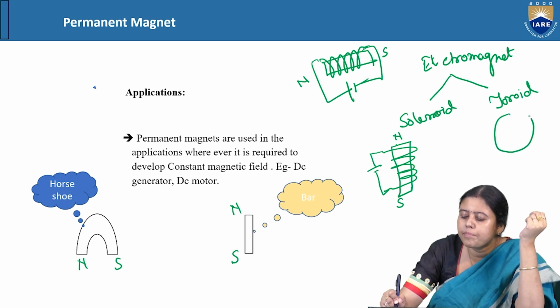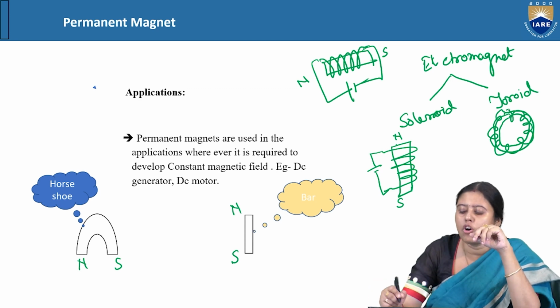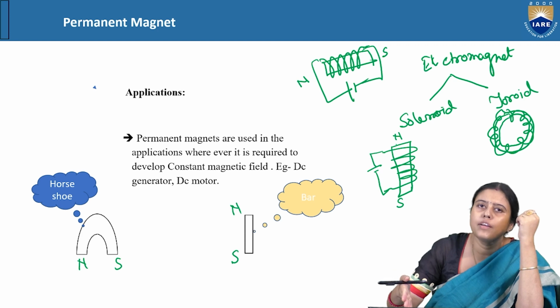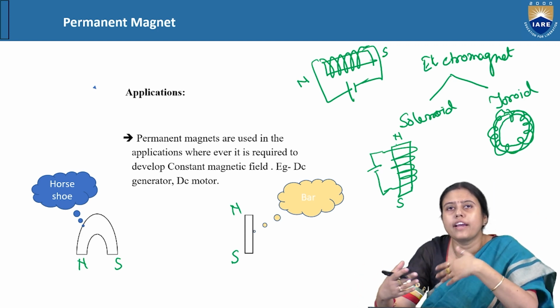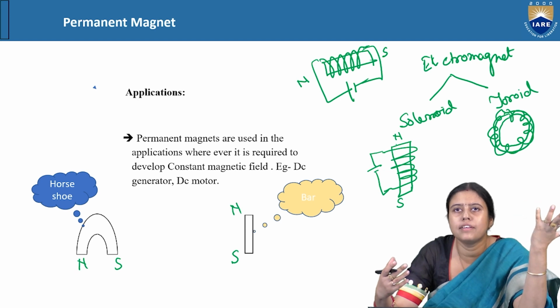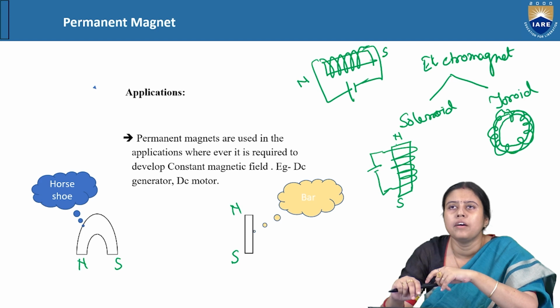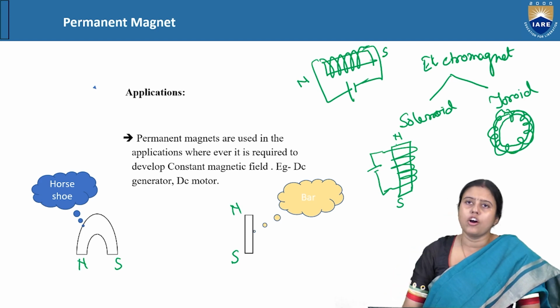But in the case of the toroid, we take a circular path or disc and give the connection on it. So in the toroid, the two ends are connected together. If we remove any portion, it will behave like a solenoid. So permanent magnets are basically two types, bar type and horseshoe type, but electromagnets are two types, solenoid and toroid.